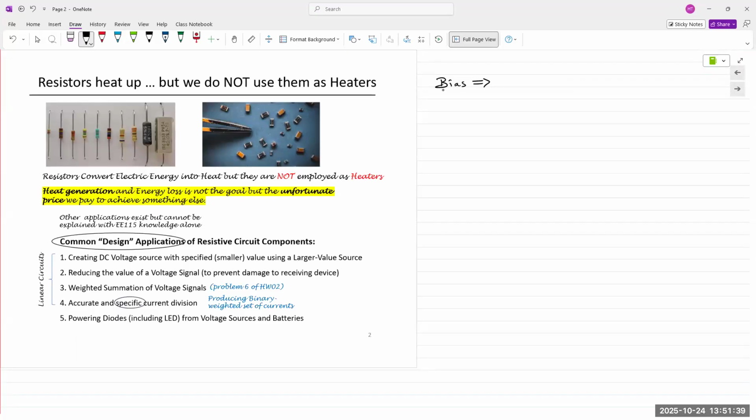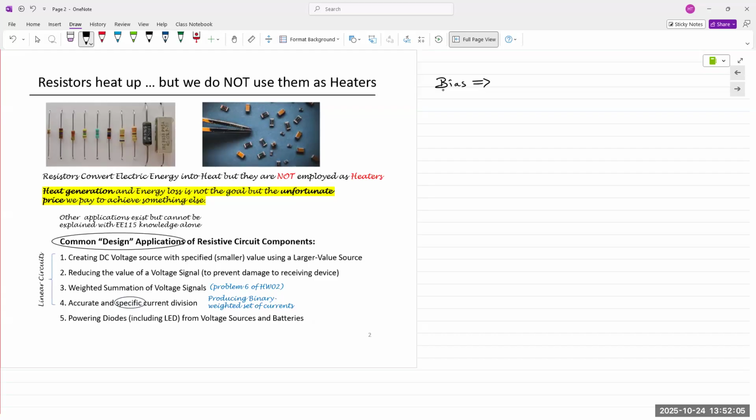Bias simply means you are constraining your circuit, or your electrical system, to function within a certain range. You're forcing that circuit to only work within a certain range, and that's what is meant by biasing the system. You're setting up the functioning of your circuit.